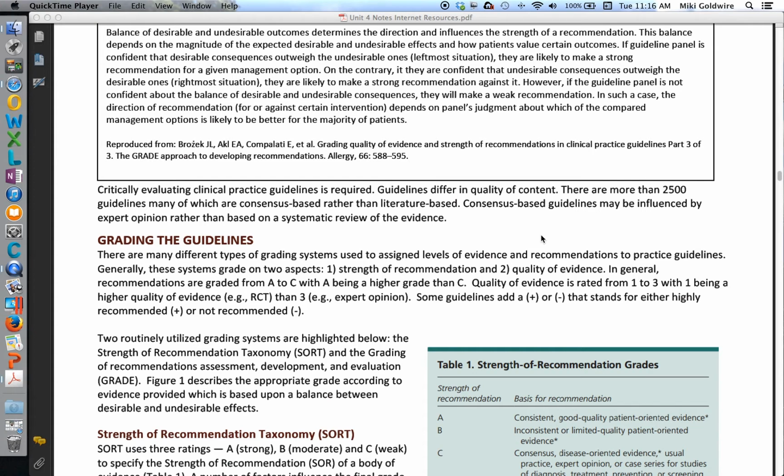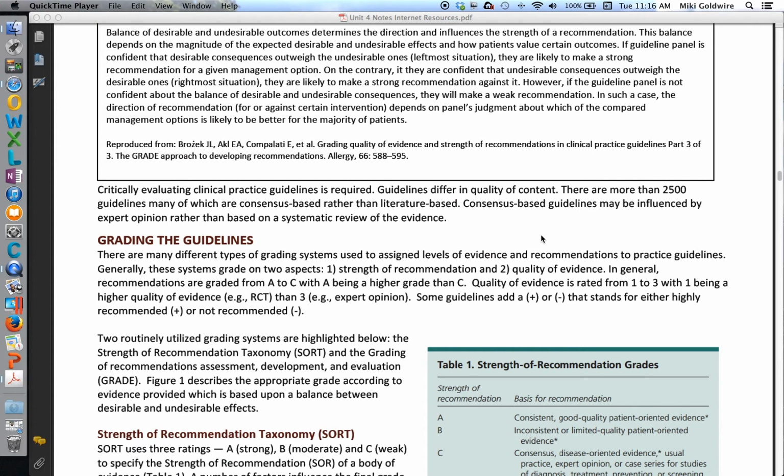There are many types of grading systems used to assign levels of evidence and recommendation to practice guidelines. Generally, these systems grade on two aspects. The first is strength of recommendation, and the second is the quality of the evidence.